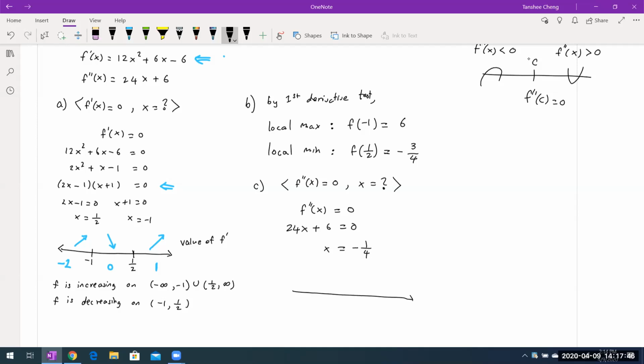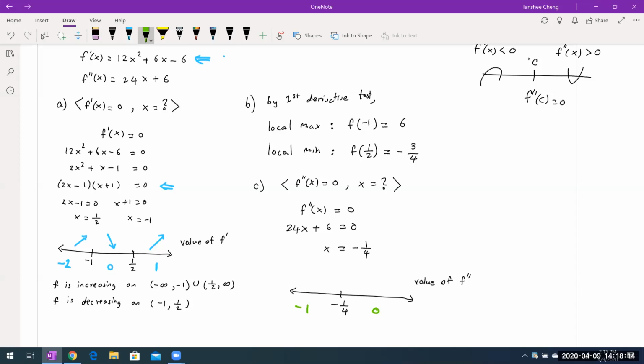So I can basically use my real number line and then say that here is -1/4. And this time what we are interested in is the value of the second derivative, right? So as usual, I'm going to substitute -1 on the left-hand side of the -1/4 and then 0 on the right-hand side.